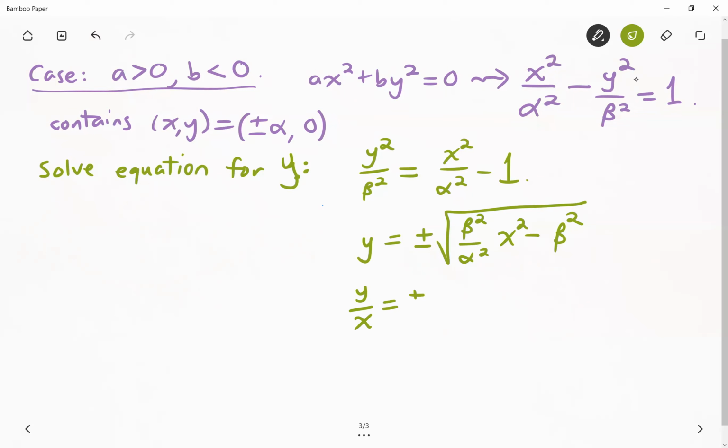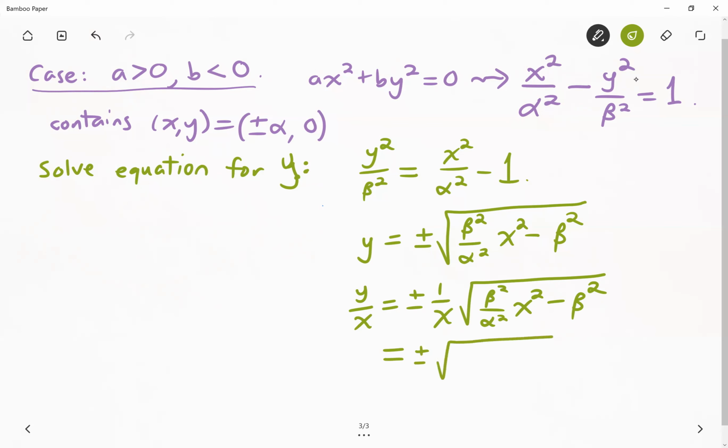That's going to be plus or minus 1 over x times the square root of all these terms. And what I'd like to do is bring the 1 over x inside the square root. But if I bring that inside the square root, it'll get squared, and I'll have to distribute 1 over x squared to both of those terms. And we'll find out that we're left with plus or minus the square root of beta squared over alpha squared minus beta squared over x squared.